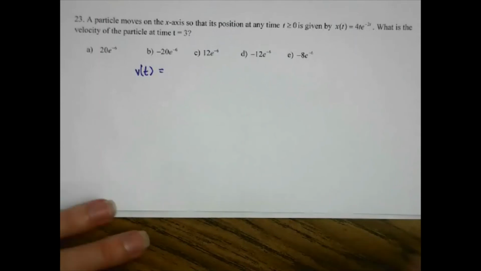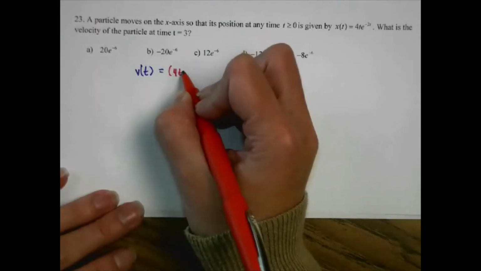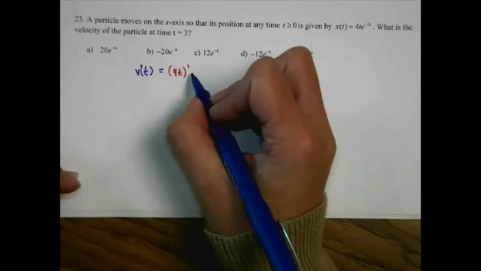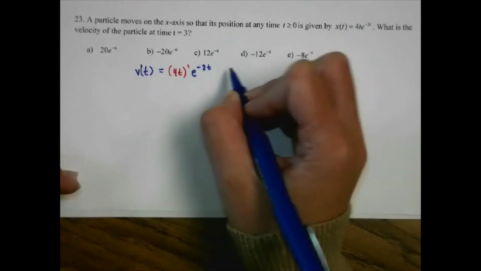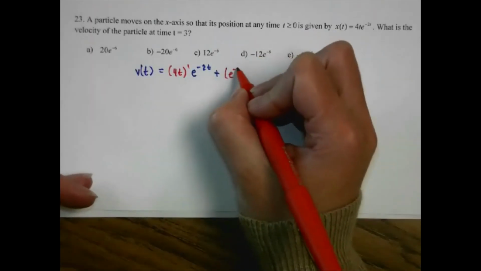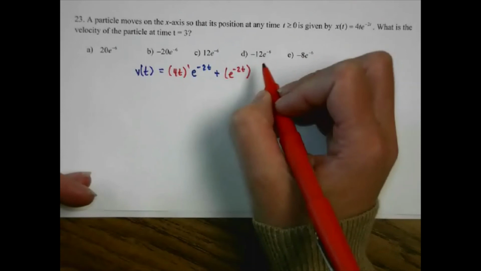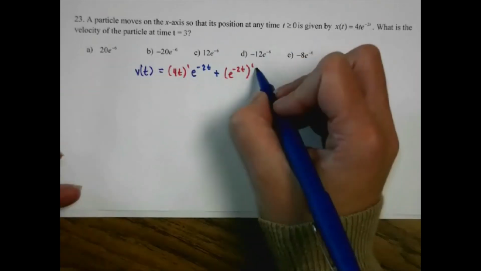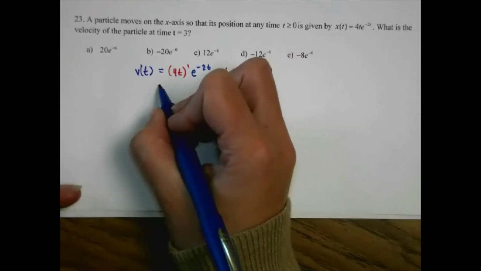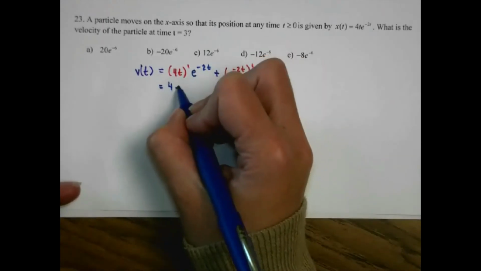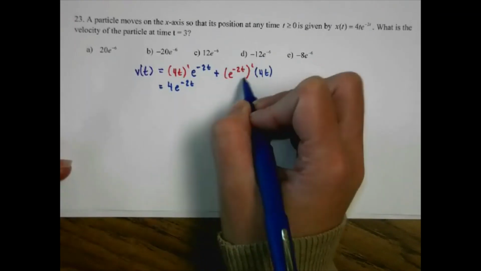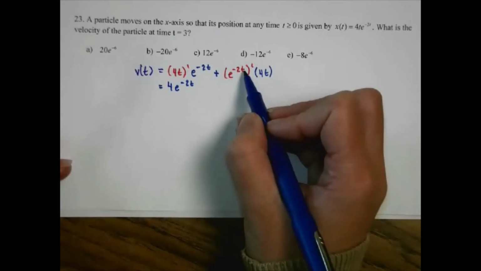So this is going to be 4t prime times e to the negative 2t plus e to the negative 2t prime times 4t. So this is going to be 4e to the negative 2t. Derivative here, so this is going to be e to the negative 2t times the negative 2.